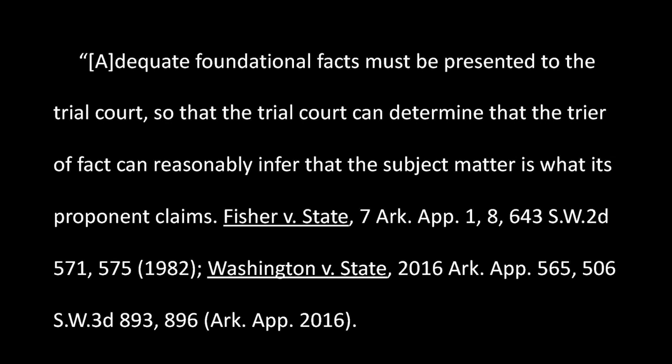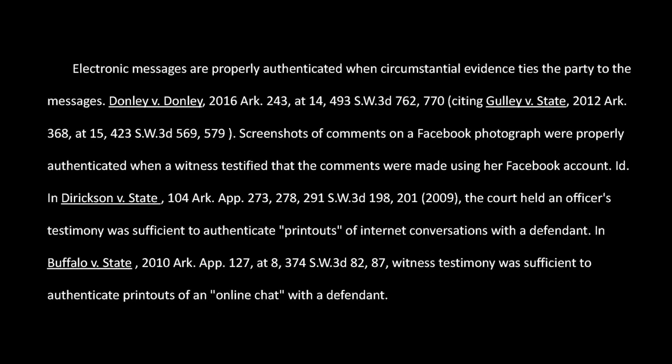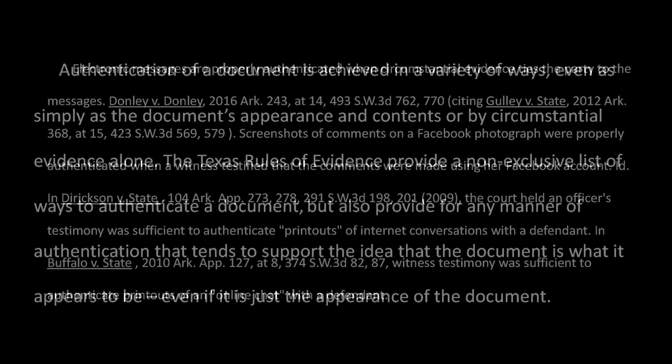The proponent of the evidence must assure that adequate foundational facts are presented to the trial court, so that the trial court can determine that the trier of fact can reasonably infer that the subject matter is what its proponent claims. In one case, a police officer's testimony was sufficient to authenticate printouts of internet conversations with the defendant. In another, witness testimony was sufficient to authenticate printouts of an online chat with the defendant.